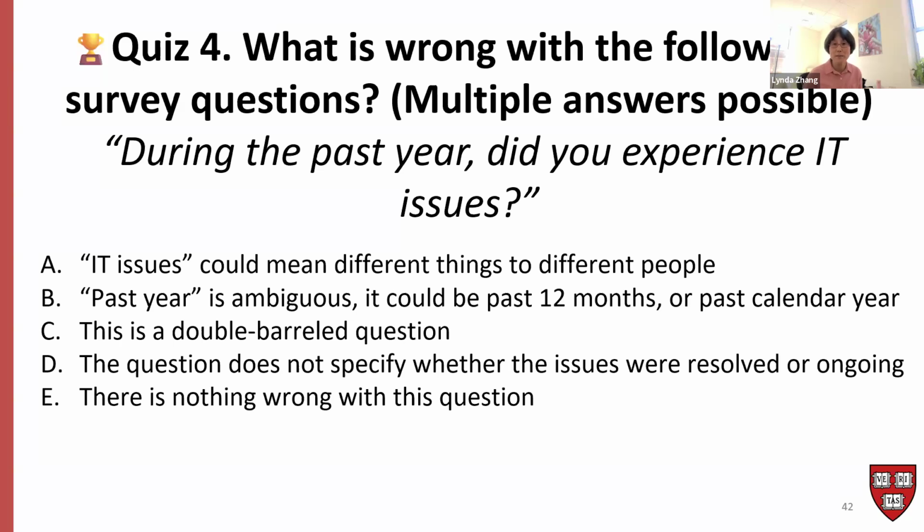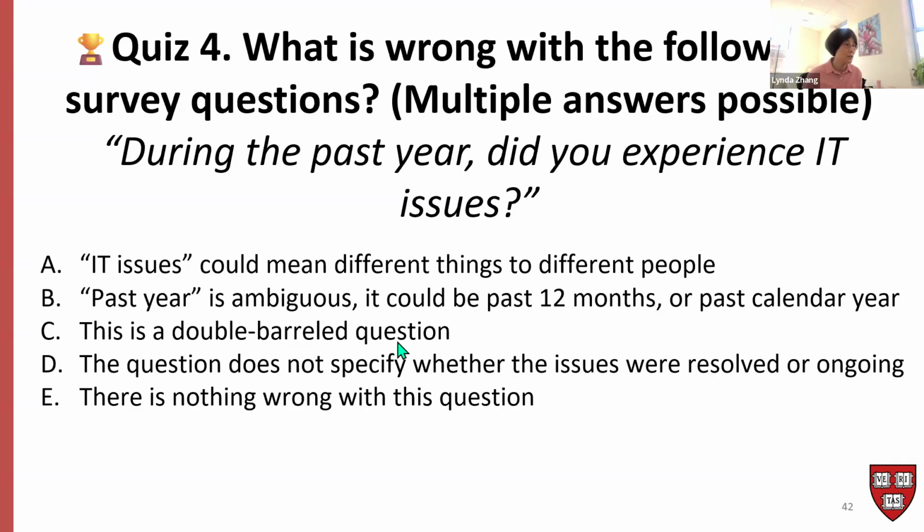So without being specific about types of issues, respondents may interpret the question differently. So answer A is correct. And B, "past year" is ambiguous. It could be the past 12 months or the past calendar year. That is very true. So B is correct.